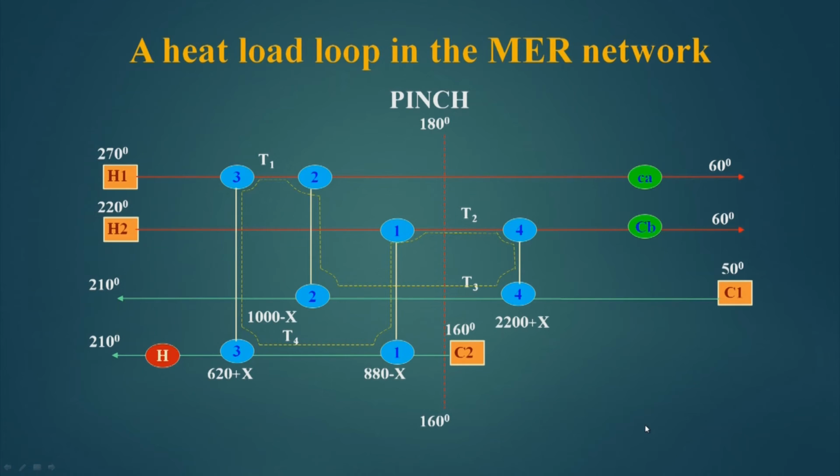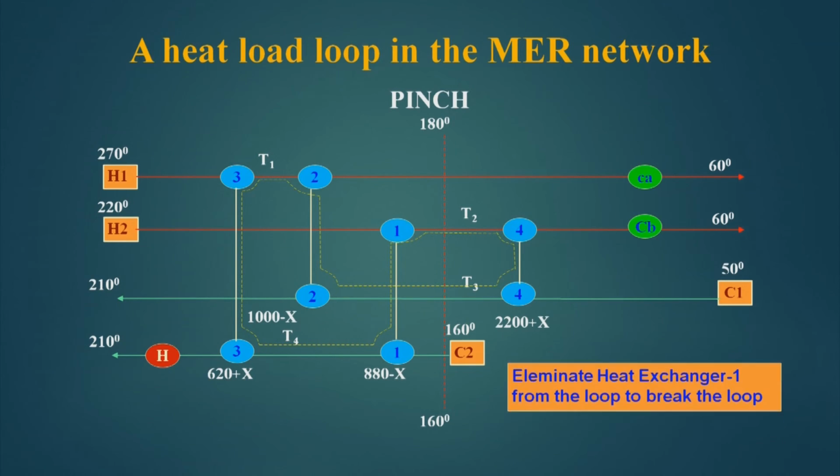This is the loop, and we want to break this loop. Eliminate heat exchanger 1 from the loop to break the loop, because this is 880 minus x. So, if I put x is equal to 880, so this heat exchanger will have a size capacity of 0 kilowatt and this will break.